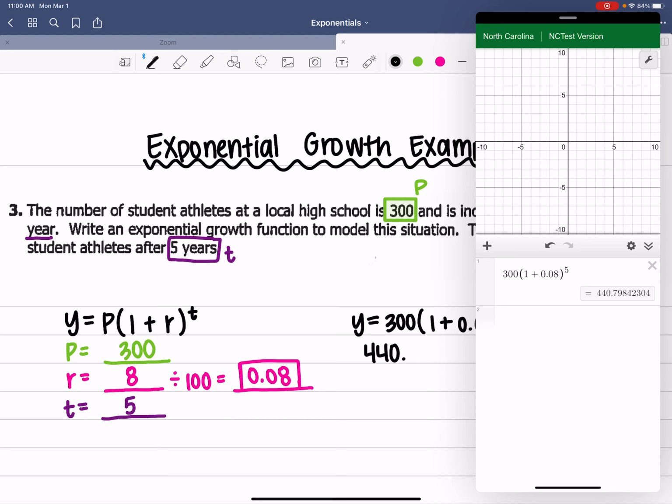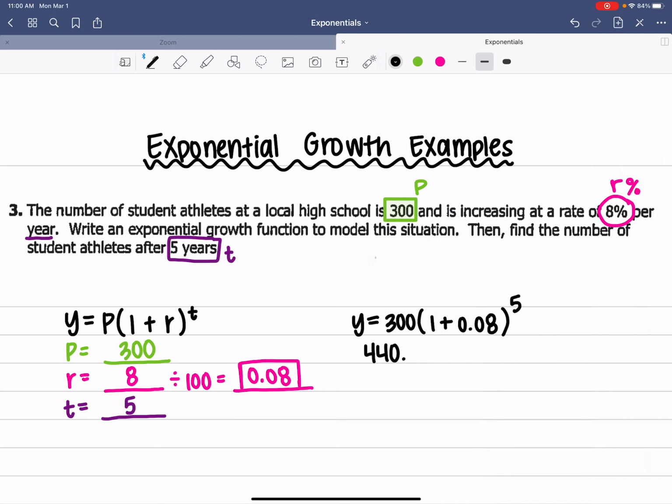Yeah, so it would be about 440.8 students, but we can't have 0.8 of a student, so we're going to say this is about 441 student athletes.